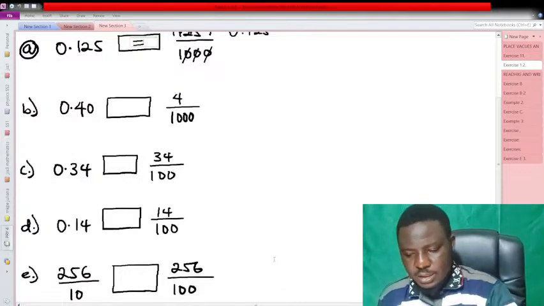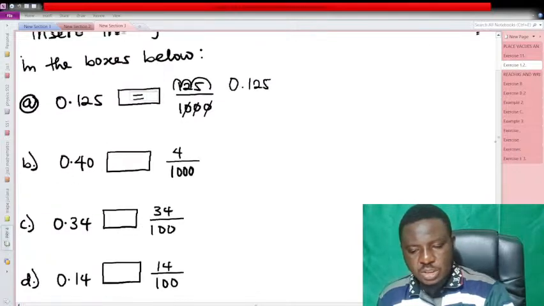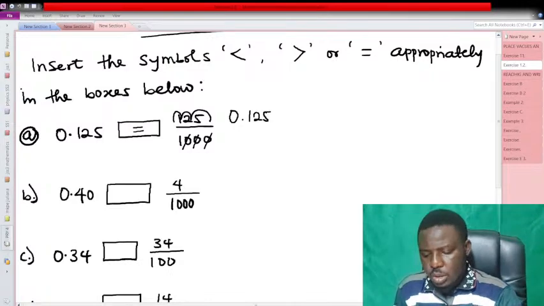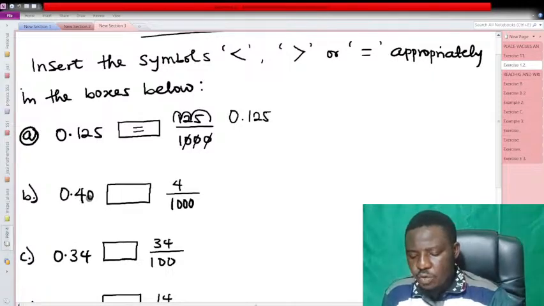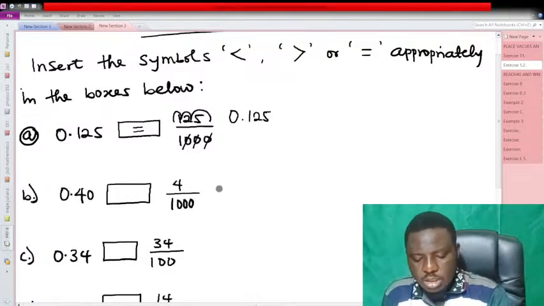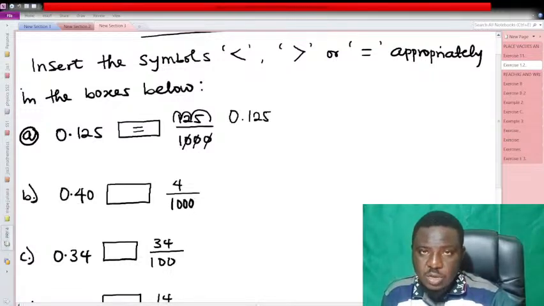For this, they're asking us if they are greater than, less than, or equal to 0.40. This is 0.4. While if you convert this from fraction to decimal fraction, its place value is going to be of the thousandth, of which this is already of the tenth. So the tenth is greater than the thousandth.